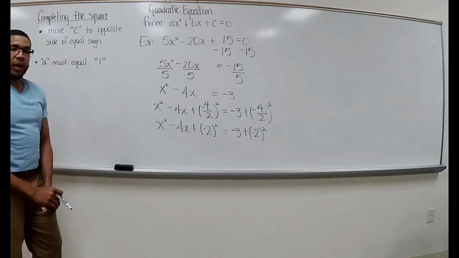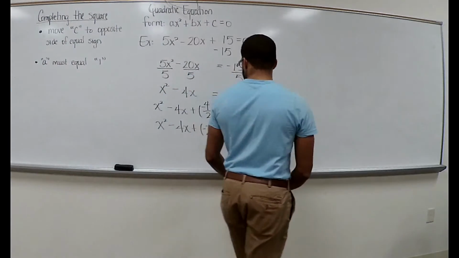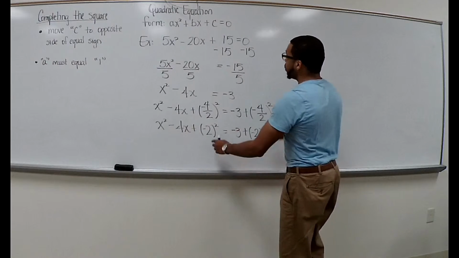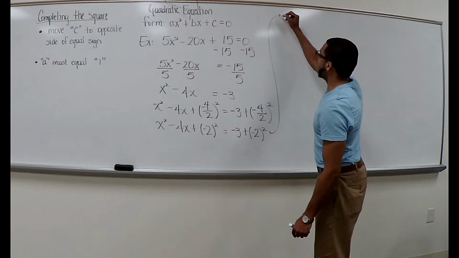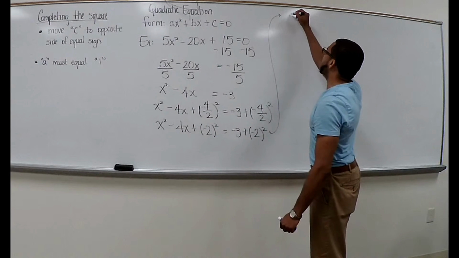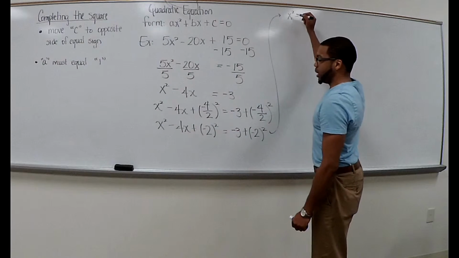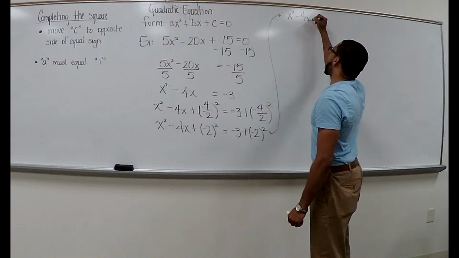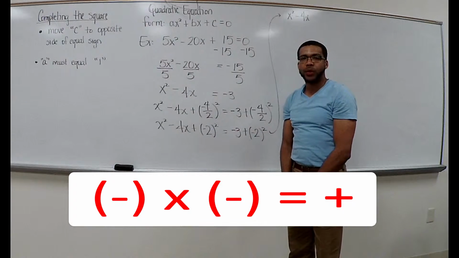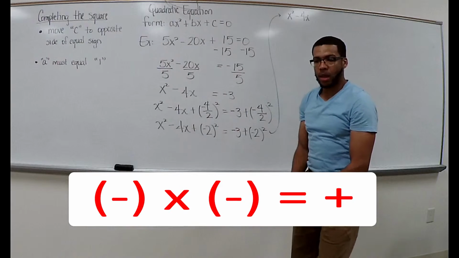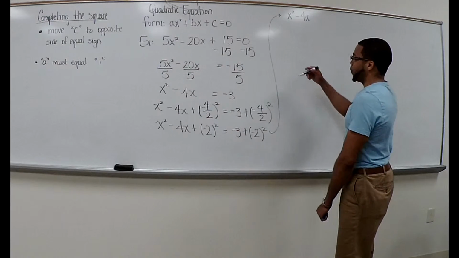Cool. Let's go ahead and inch on over a little bit and move this guy on up. Whenever you bring this swing on around, boom, we have x squared minus 4x plus, when you square a negative, what happens? A negative times a negative gives you a positive.